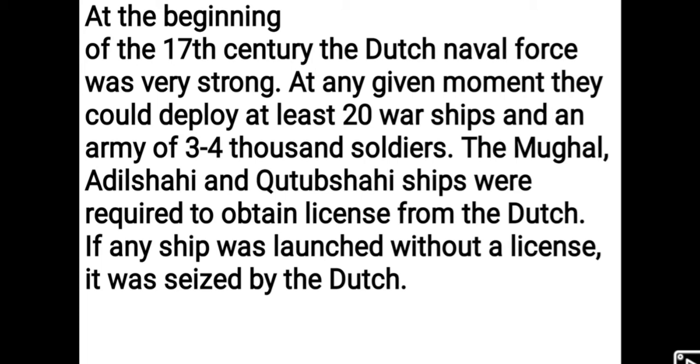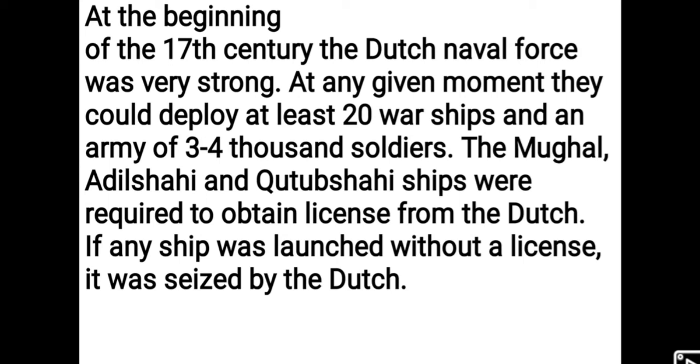The Dutch belonged to another country, but the earlier kings who were ruling India had to take permission. The Mughal, Adil Shahi and Qutub Shahi ships had to take permission for doing trade from whom? From the Dutch people.